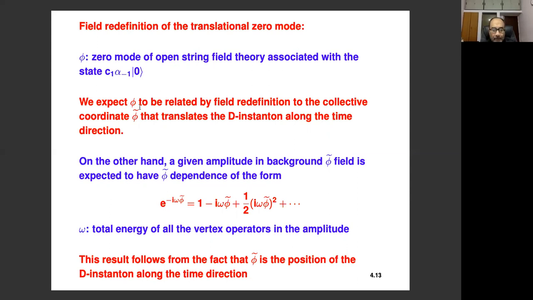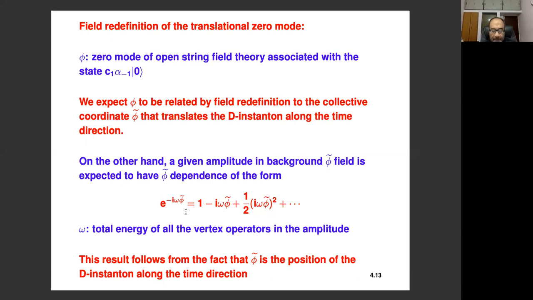Now, once we have made this change of variable from phi to phi tilde, then in fact life becomes simple, because in a given amplitude, you expect that the phi tilde dependence of the amplitude will always enter in the combination e to the minus i omega phi tilde. And omega here is the total energy of all the vertex operators in the amplitude. So if, for example, you insert n closed string states of energies omega 1, omega 2 up to omega n, then this will be just the sum over i of omega i.